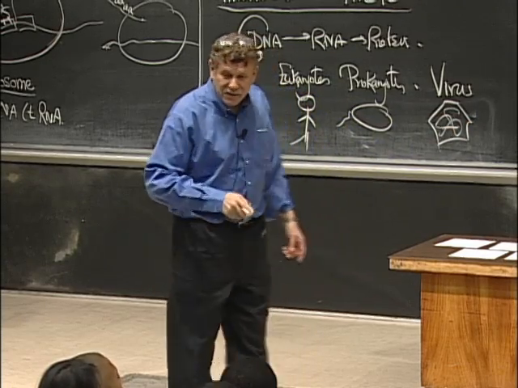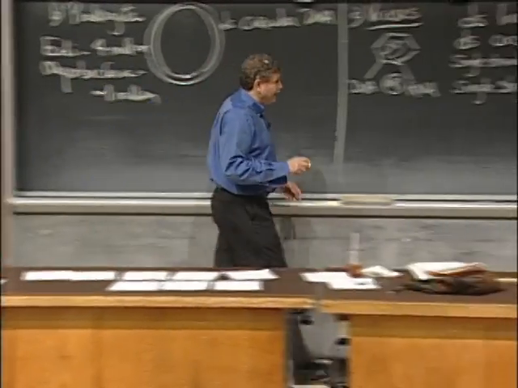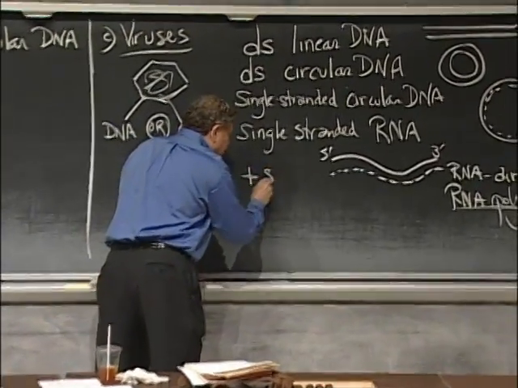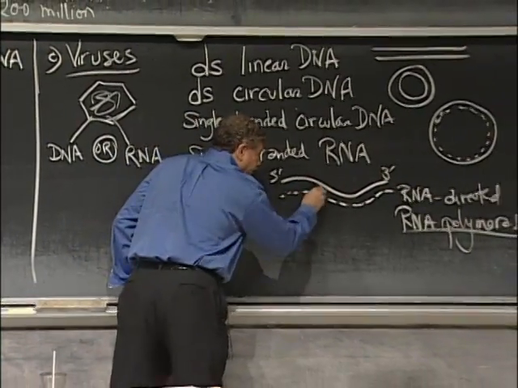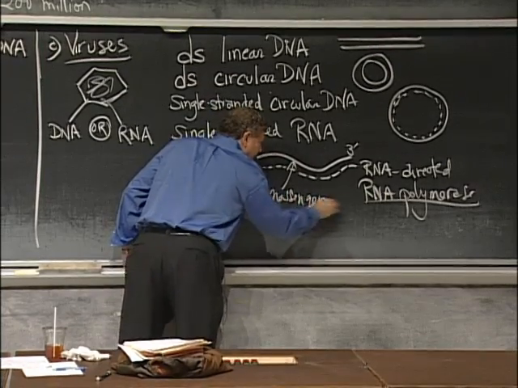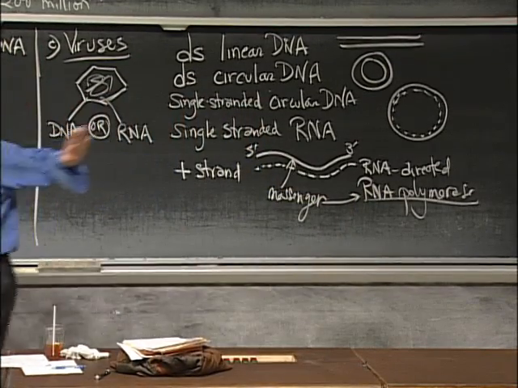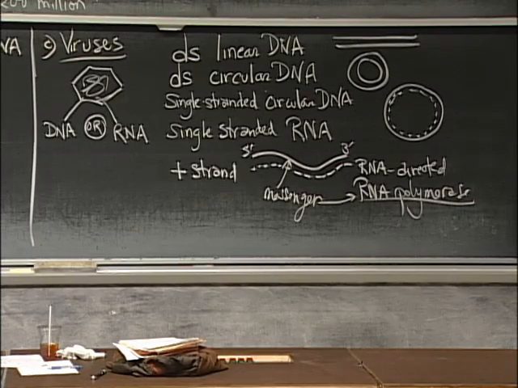Bingo. That is in fact what happens with a certain class of what are called plus-strand viruses. This is a messenger RNA. And it actually encodes the instructions to the cell, please make me an RNA-directed RNA polymerase. That's way cool.